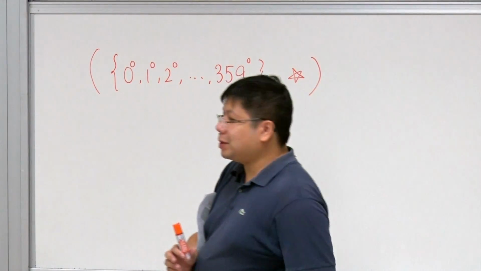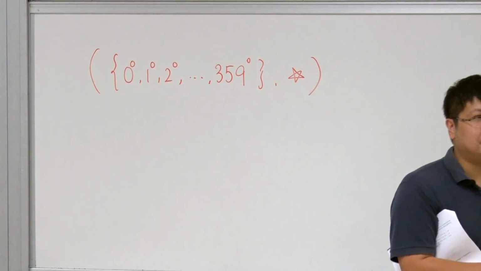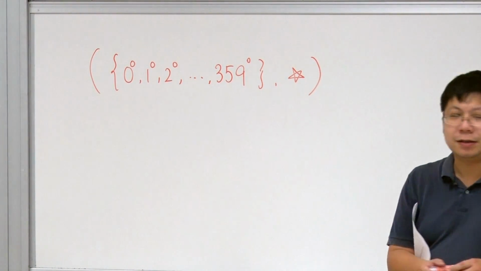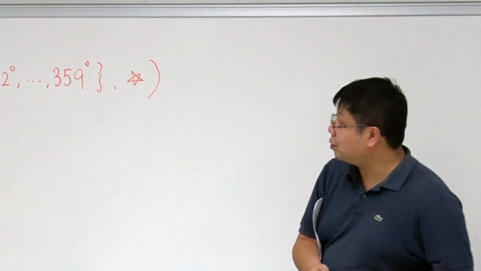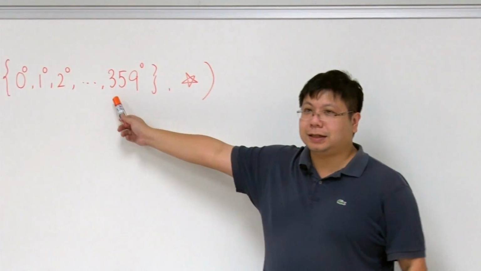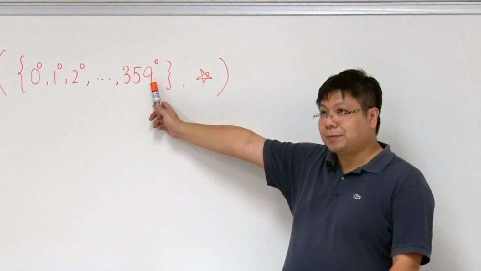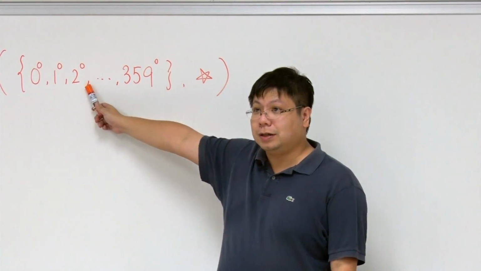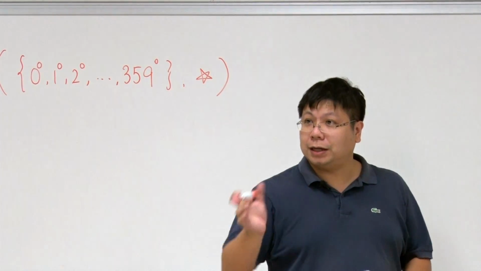Let's do some examples and see if you can figure out some interesting property about the sizes of a subgroup and the original group. For instance, let's say this is a group of degrees of rotation, and this star represents successive rotation.